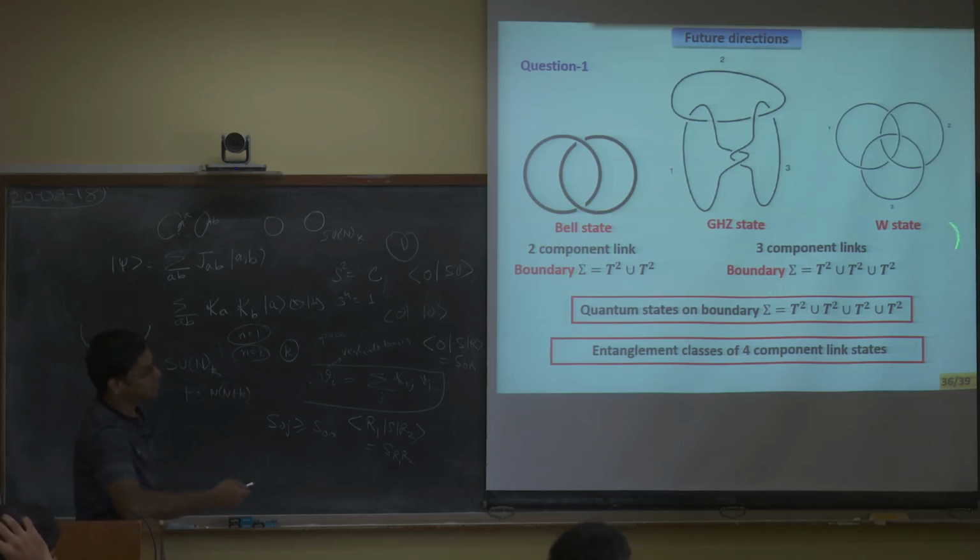We also have results for 3 components, where we have the GHZ and W states. We want to know if it is possible to study the entanglement classes for 4-component links. For a 4-partite system, the classes are not known.